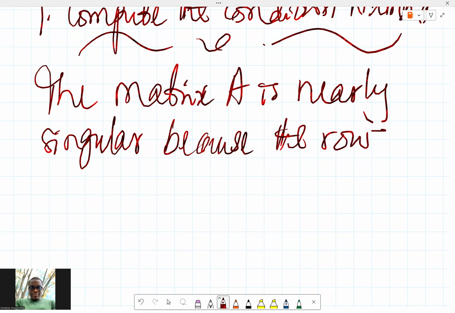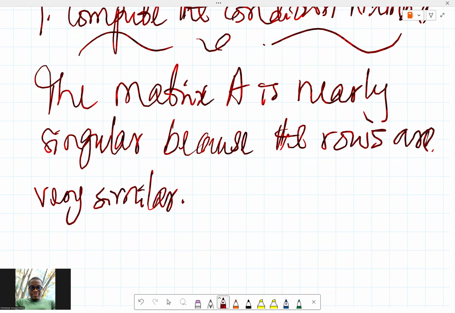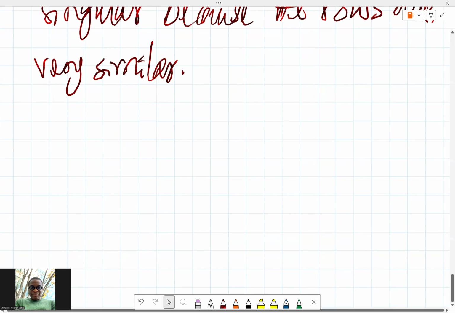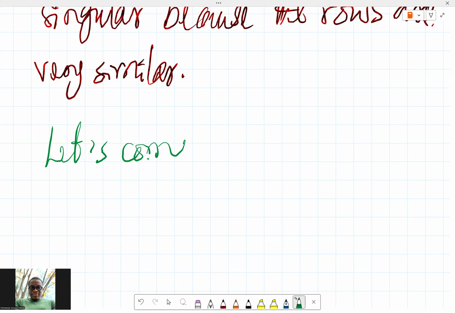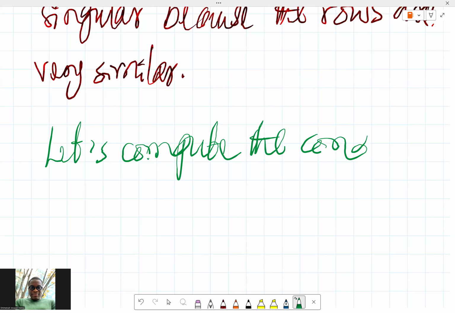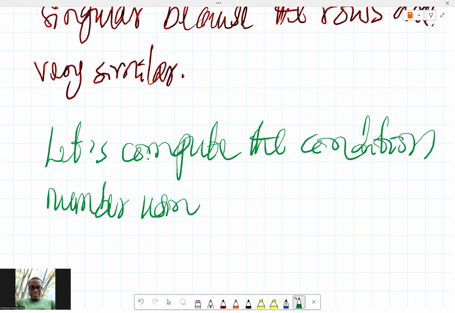So let's compute the condition number using the 2-norm.